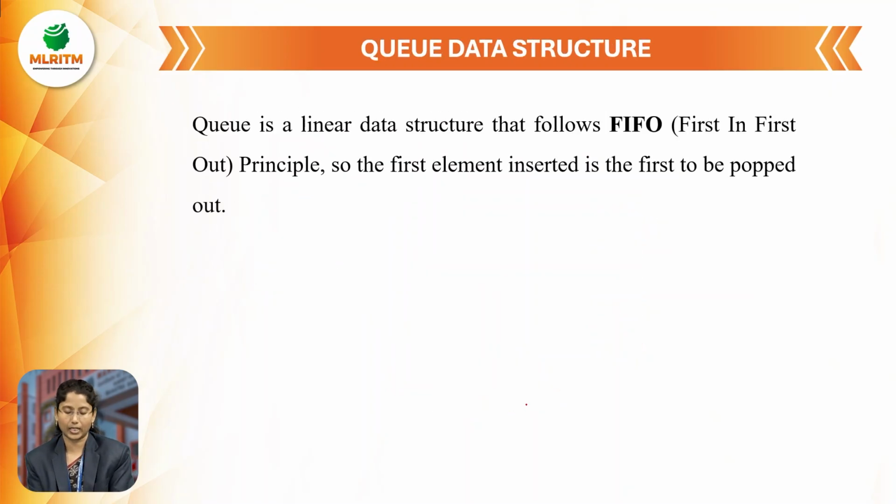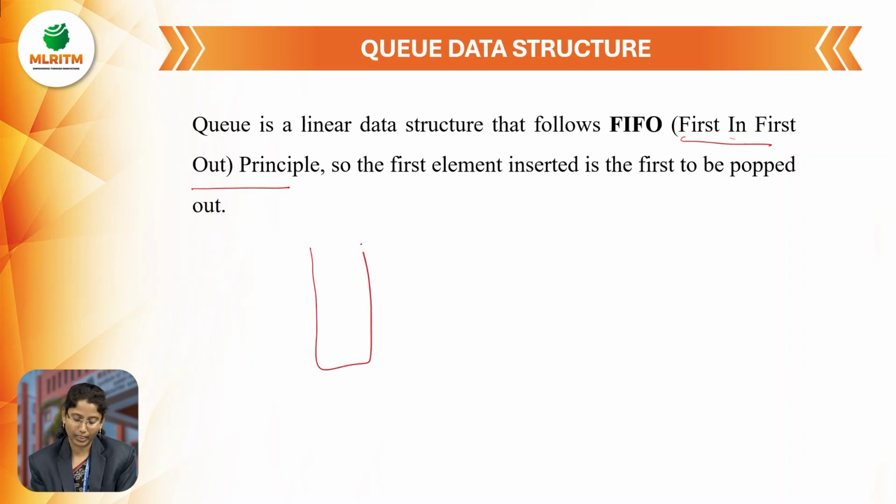Next is queue data structure. Even the queue is a linear data structure, but it follows the FIFO, that is first in, first out principle. So as I said, in stack there is only one end, that is top end, and the insertion and the deletion will be happening from only this one end.